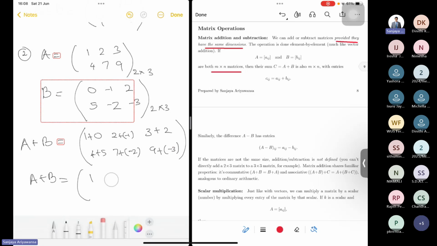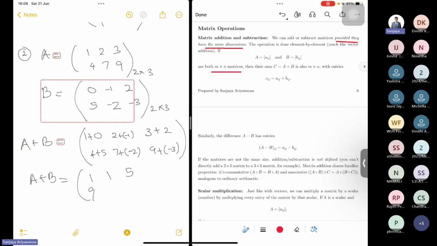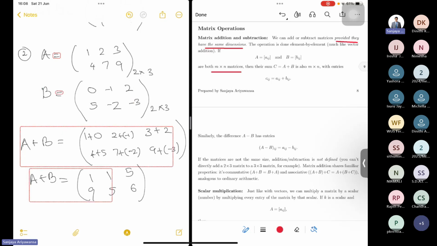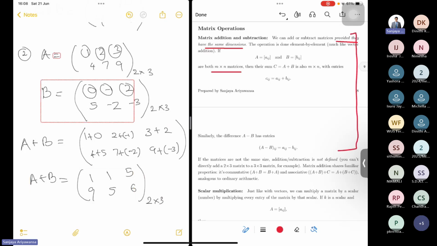Then here I have 1, 3 plus 2 is 5, 4 plus 5 is 9, 7 minus 2 is 5, 9 minus 3 is 6. So A plus B is another matrix, which is also 2 by 3, right? So I'm adding the components, each of these components, 1 with 0, 2 with minus 1, 3 with 2. That's what I have explained in detail in this particular area over here.